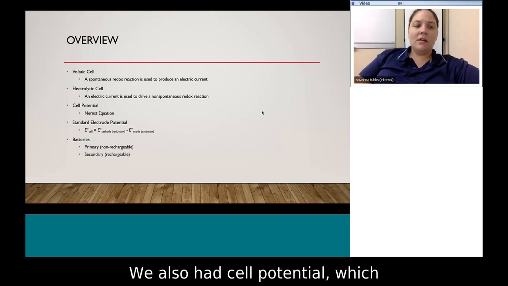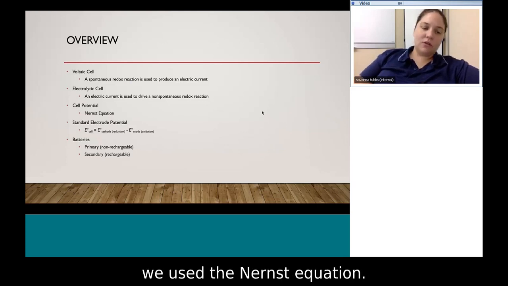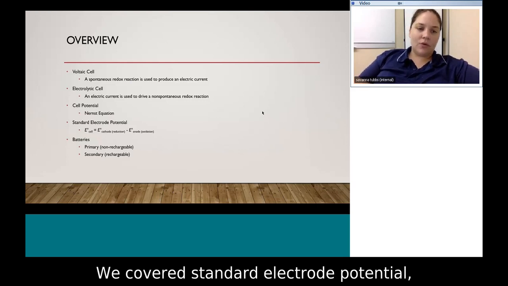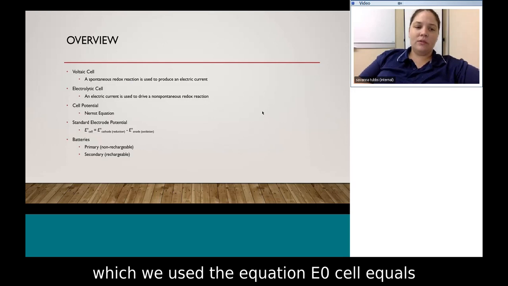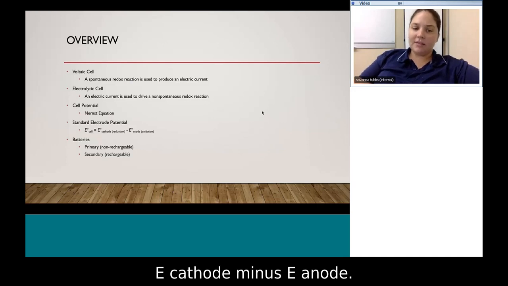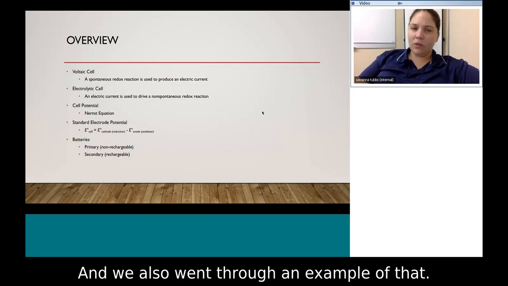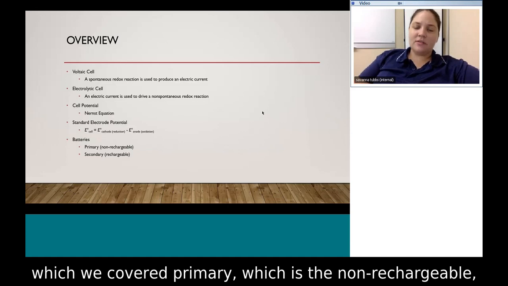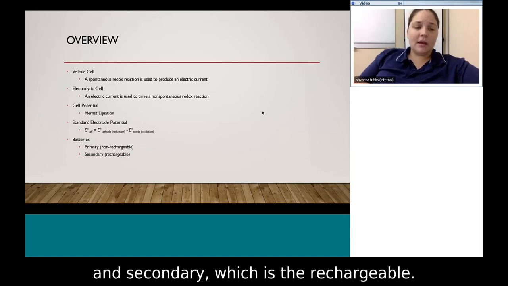We also had cell potential, for which we used the Nernst equation, and we went over a couple examples of using it. We covered standard electrode potential, for which we used the equation E naught cell equals E cathode minus E anode. And we also went through an example of that. And then finally, we covered batteries: primary, which is the non-rechargeable, and secondary, which is the rechargeable.